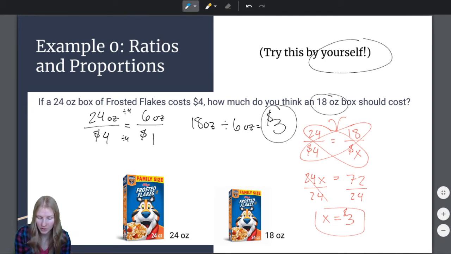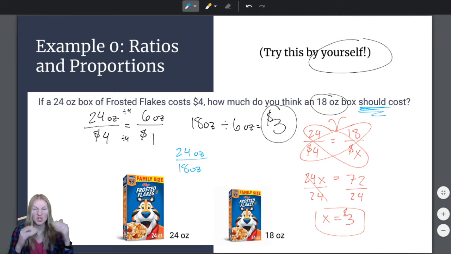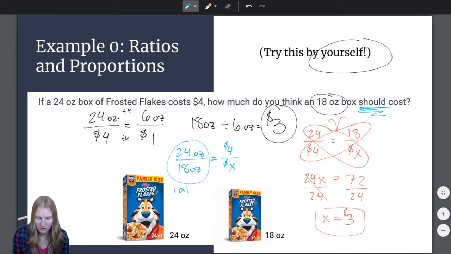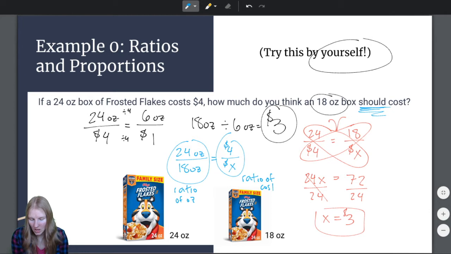So you also could have said, oh, well, how much should it cost? Well, the ratio of ounces in the cereal, how much cereal I am purchasing, that should be proportional to the price that I'm paying. So the ratio of ounces needs to be equal to the ratio of cost.